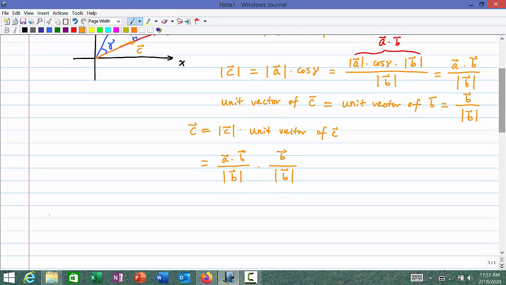Here is a very simple example. Let's assume A is (1, 2) and my B vector is (2, 1).